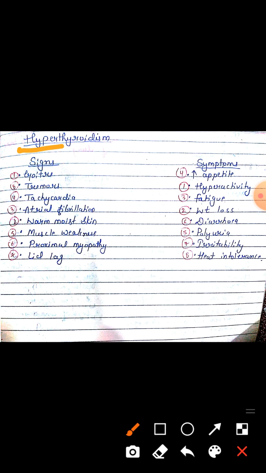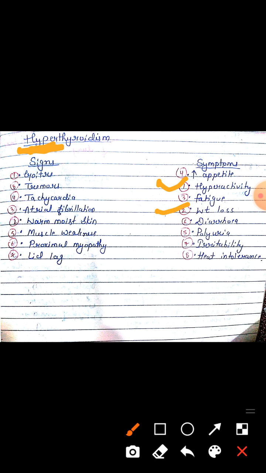See, hyperthyroidism has hyper as its first letter. This is just for the sake of your learning, I've made this mnemonic. Hyper means hyperactive. The patient is hyperactive, so the first thing is the patient will be hyperactive. If the patient is hyperactive, there will be weight loss.